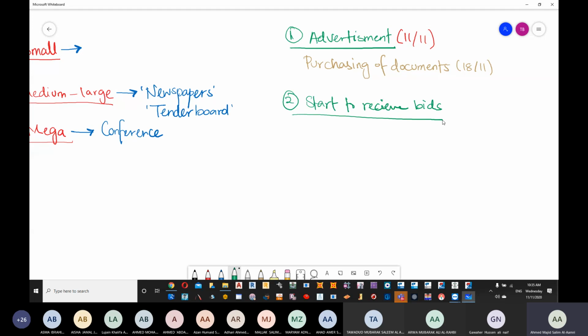And when are we going to start receiving the bids? We'll be receiving the bids the day after this day or on the same day. Bids means offers. We are going to receive the offers from the 18th of November.